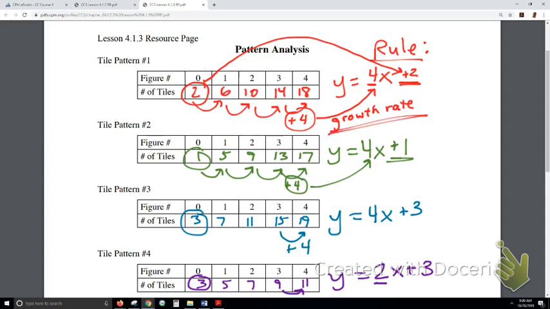I emphasize growth rate, and the other thing was tiles in figure 0. Make sure you write those 2 things. That's how we come up with the equation. We find the growth rate, and we find the tiles in figure 0. Okay, so right now would be a good time to pause. Make sure you have everything copied.